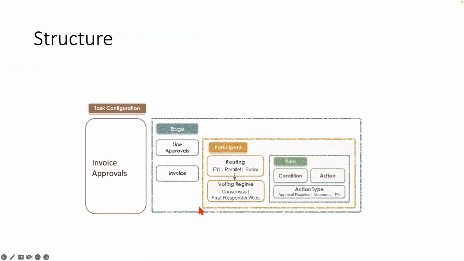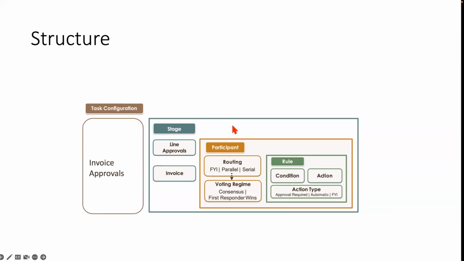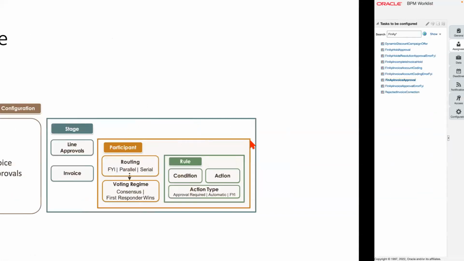So you've got stages, which could be for line approvals, or maybe for the header. Within each of these you have participants. Inside the participants, you have rules. Rules will have conditions and actions. Each of these could have a rule and an action. So they're all embedded inside each other, more like a set.